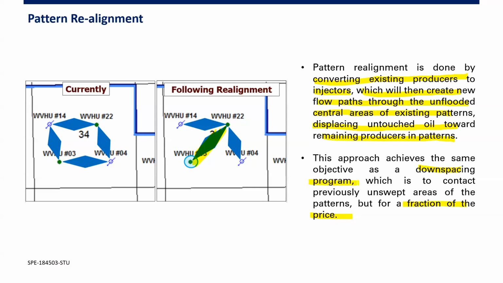Okay, but of course, downspacing will be more expensive because you drill new wells. Let's say you will need millions of dollars, whereas for the conversion in pattern realignment, you just need conversion, which is much cheaper. Let's say it's $100,000. Okay, so pattern realignment is only a fraction of the price compared to infill drilling or a downspacing program.